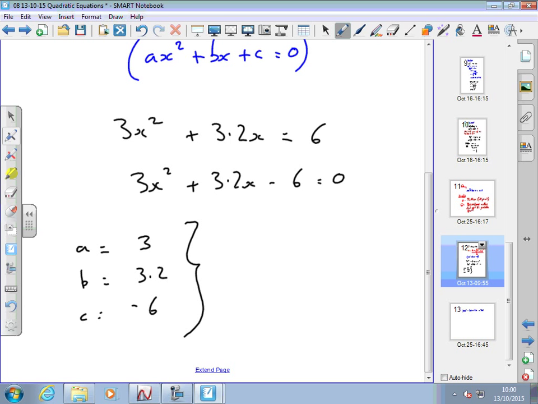So I write down my values a, b and c. Note the negative 6. And then, what's the formula? Minus b plus or minus the square root of b squared minus 4ac, all over 2a. Plus or minus, because whenever I have a square root, the answer could be positive or negative, so that's always going to be there.